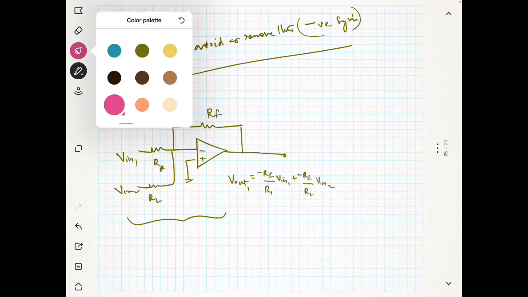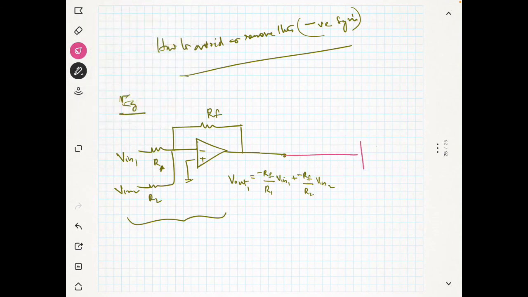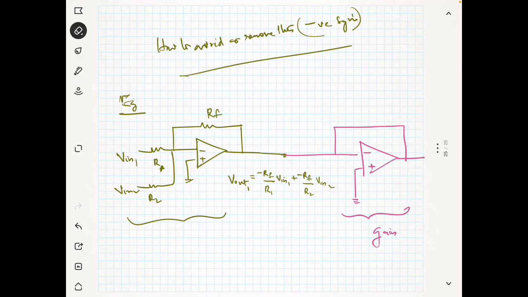Now I will connect another stage, an inverting amplifier, minus plus. What is the gain of this amplifier? Sorry, I will not connect it like this. If I connect like this, it is not a good circuit.